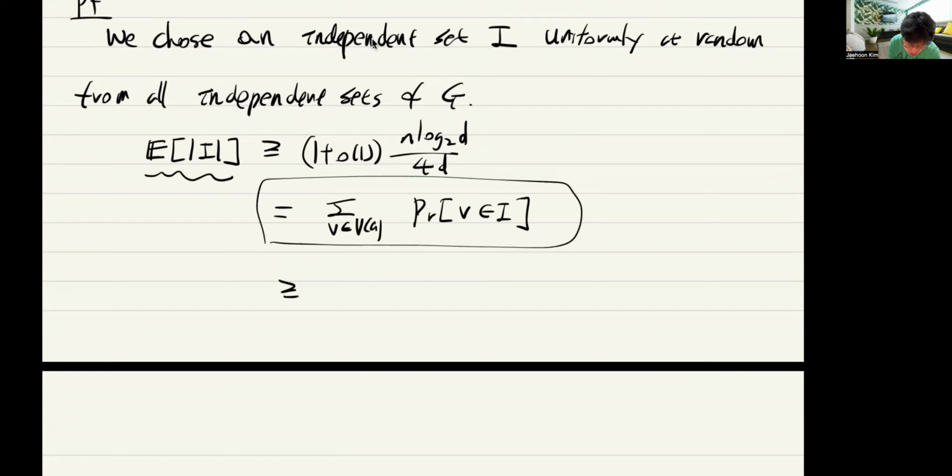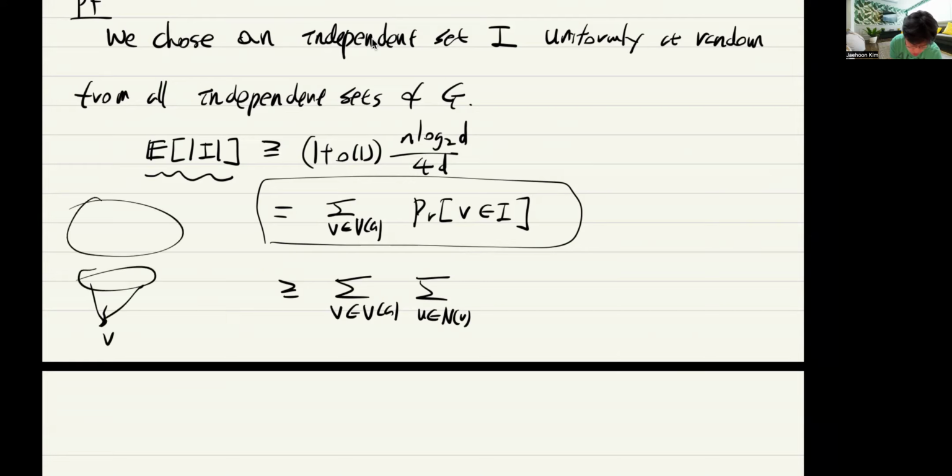And another way is that for every vertex, you consider the neighborhood of this. So if you have u, and then you have this neighborhood, and then outside. And what do we know? Because we know that there are at most d neighbors of v. What you can simply do is you consider the probability that u is in I, and you divide by d, and then you add.